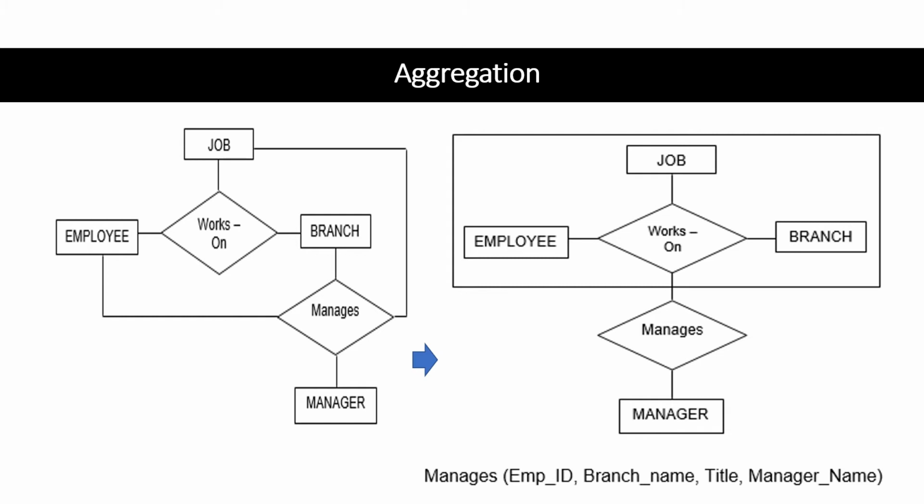We have the relationship among three entities, which are employee, job, and branch. To represent the aggregation, we put those entities together with the ternary relationship in a rectangle, indicating there is an aggregation among those entities.